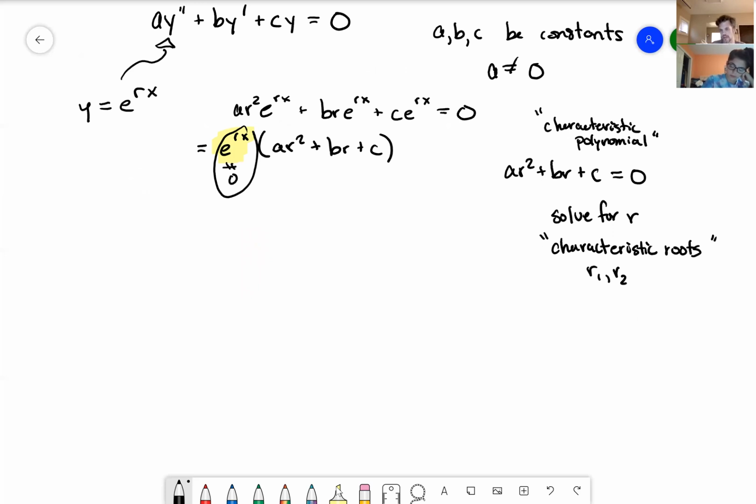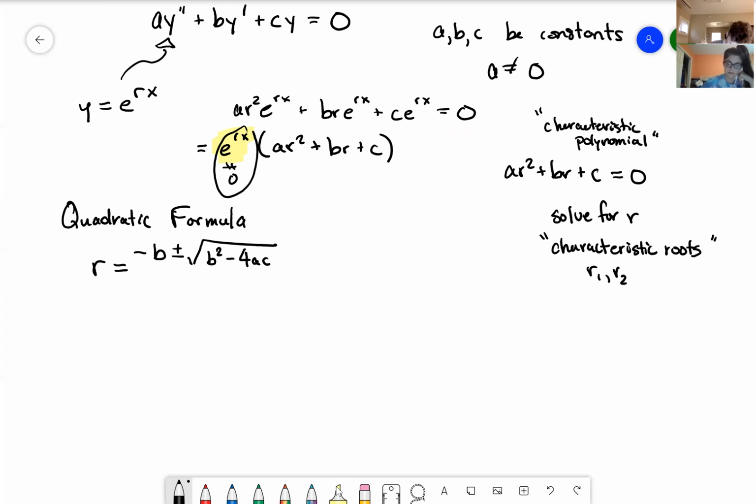Well, we can always do it, we have a formula for it. So the quadratic formula, in this case our variable is r. So we'll have r is equal to minus b plus or minus square root of b squared minus 4ac over 2a.